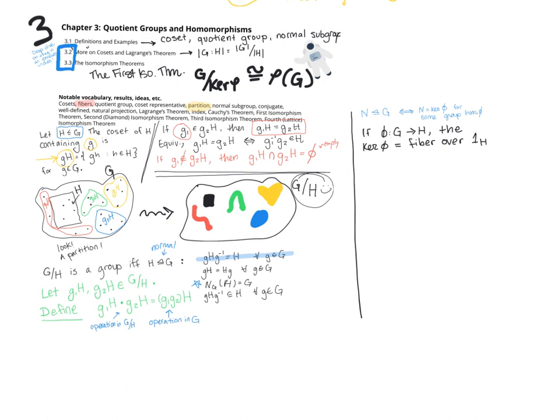One flip side of this that we did spend some time with was the idea of the natural projection. So the natural projection is the special homomorphism that we're going to cook up so that all of our fibers are cosets and the kernel is this normal subgroup, and all of this by definition or by construction. Skimming through the rest of the vocab here, let's see.